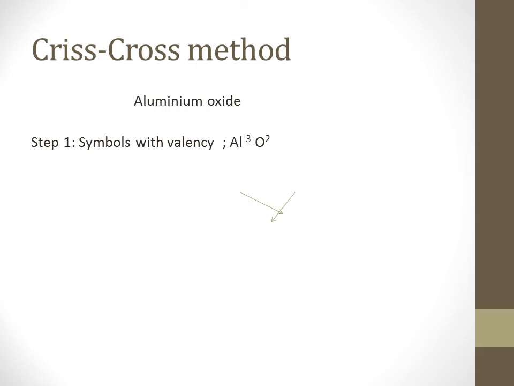In the crisscross method, there are 3 steps. Step 1: you have to write the symbols of the elements present in that compound, with their valencies. Here, aluminium oxide is the compound given to us. The elements present are aluminium and oxygen, isn't it?